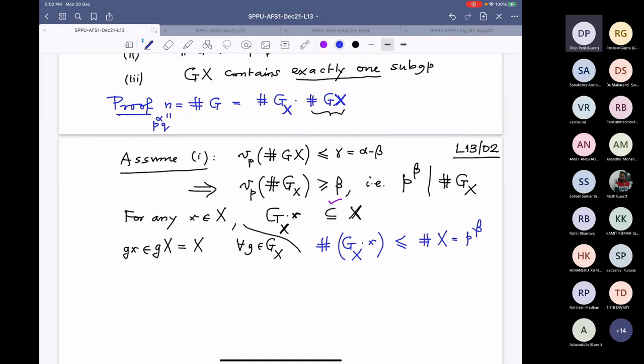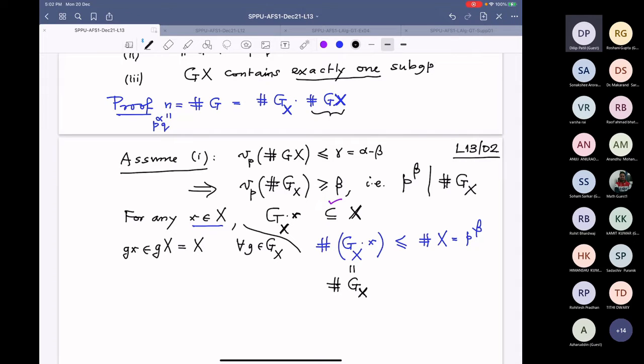But this x is also in X, and X was a subset of G. So this cardinality is no different from the cardinality of G isotropy.